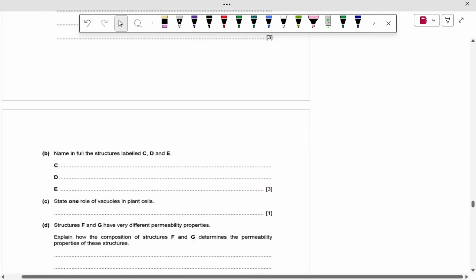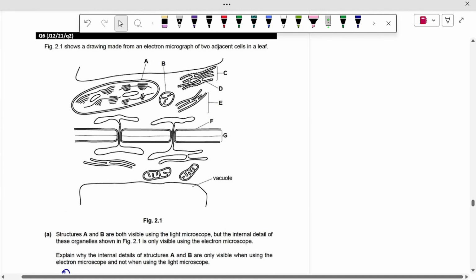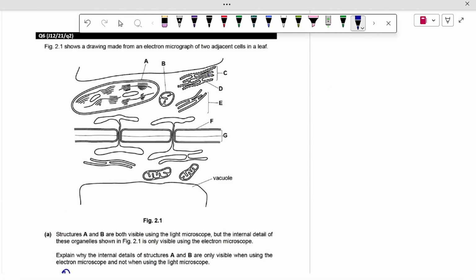नेम द फुल स्ट्रक्चर्स लेबल सी डी एंड ई. सी क्या है? सी इज योर रफ एंडोप्लाज्मिक रेटिकुलम, क्योंकि हमें काफी रफ एंड ग्रीनी नजर आ रहा है. एंड इसके सरफेस पे यू हैव योर क्या होते हैं आपके राइबोसोम्स होते हैं. सो सी इज योर रफ एंडोप्लाज्मिक रेटिकुलम. डी इज ऑब्वियसली योर राइबोसोम्स. ई काफी स्मूथ सा नजर आ रहा है. सेम स्ट्रक्चर है ये दोनों, बट एक स्मूथ है एक रफ है.